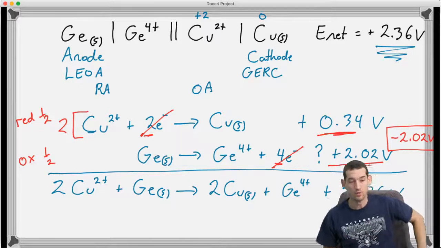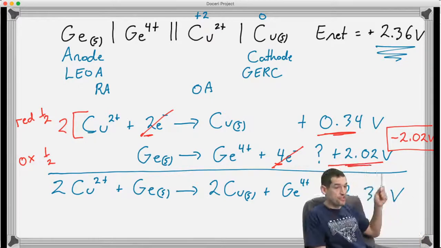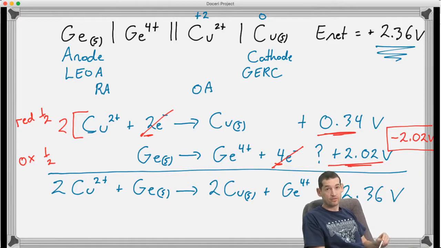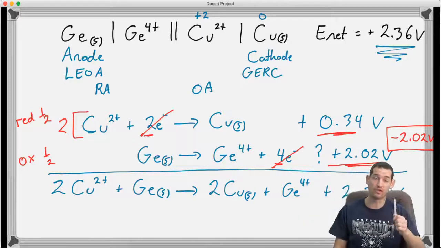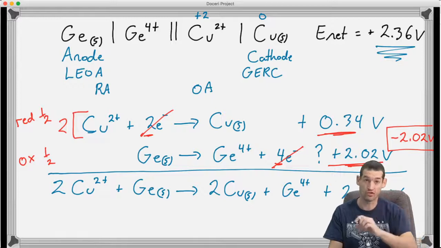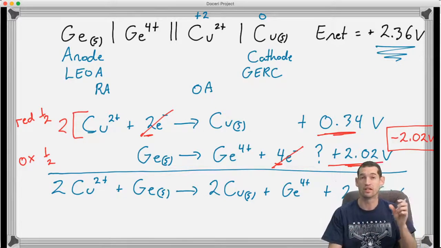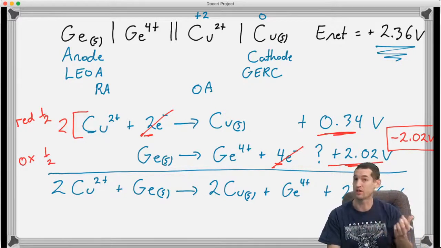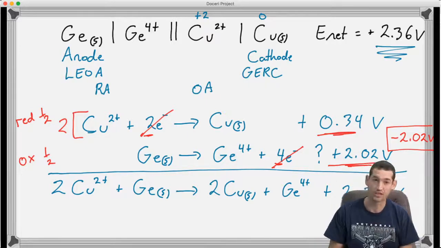Once you do that, it's just some basic arithmetic, finding the unknown value of whatever you're missing. And always be careful, if the question is asking for reduction potential, make sure that the one you're solving for is a reduction potential and not an oxidation potential. Don't forget to flip those if you need.